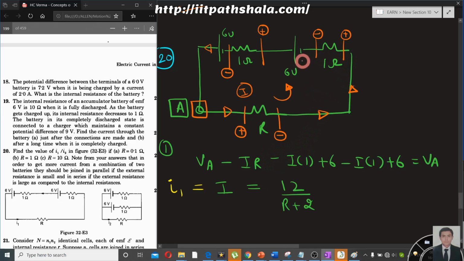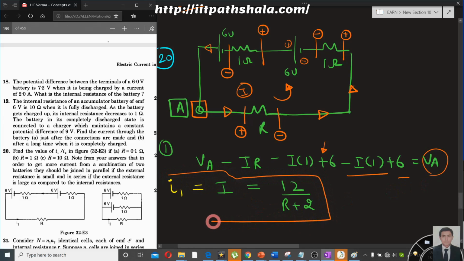Then I'm moving from the negative terminal to the positive terminal of this 6 volt battery, so because I'm going up the number line, I write it accordingly. Similarly in this case also I can write it as follows, and landing up at VA itself. So VA will be cancelled and I'll be left with my I expression over here. Okay, so I find I1.